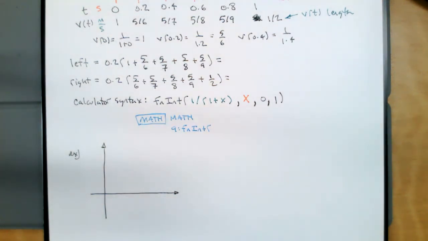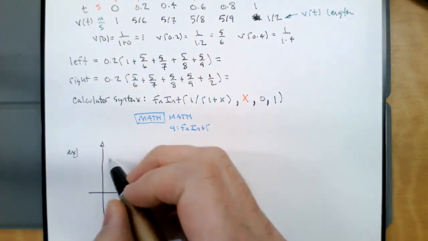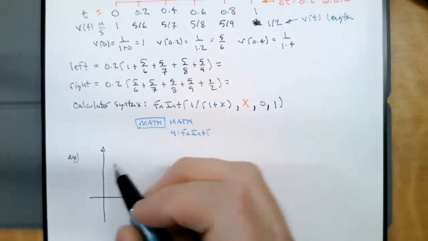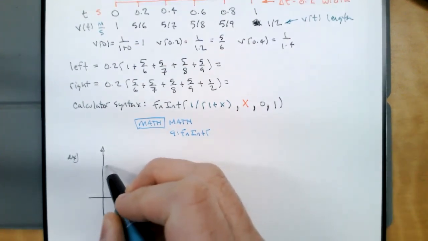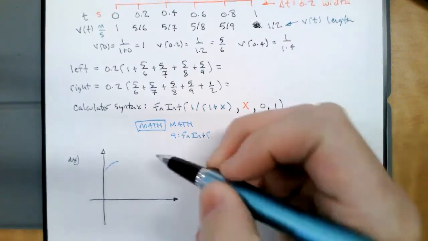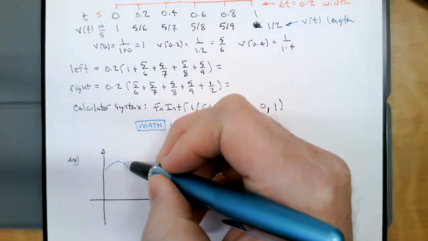All right. So in this problem, what we have is a function that goes up a little bit, and it drops down.